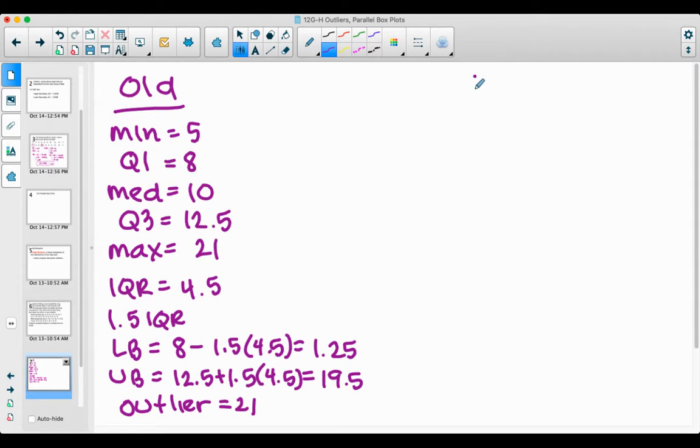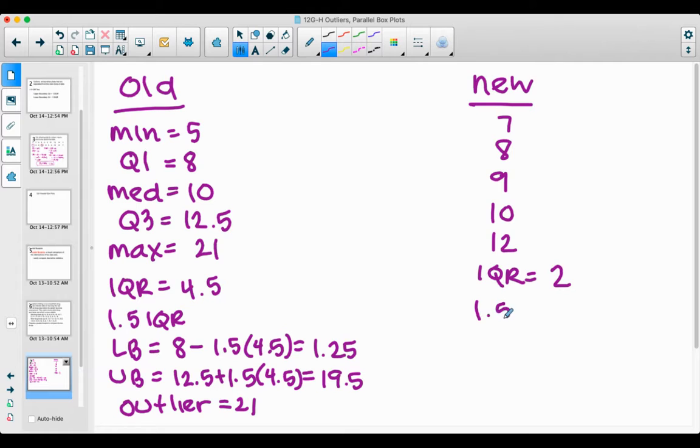And then our new: our min is 7, our Q1 is 8, our median is 9, our Q3 is 10, our max is 12, our IQR is 2. We do 10 minus 8.